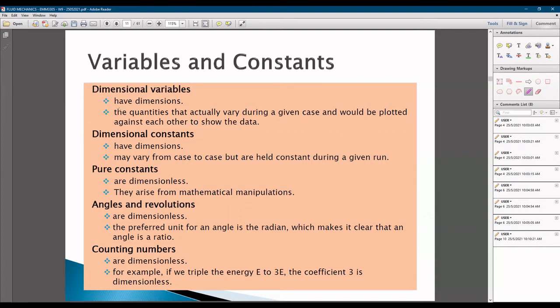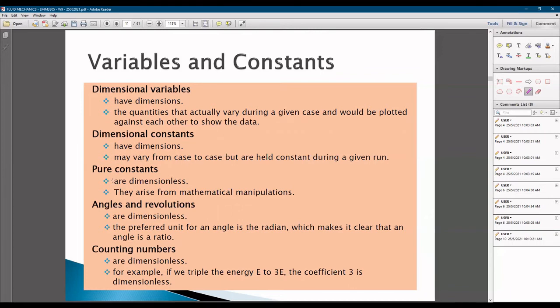The dimensional variables have dimensions, and they are the quantities that actually vary during a given case and would be plotted against each other to show the data. And dimensional constants have dimensions, may vary from case to case, but are held constant during a given run.